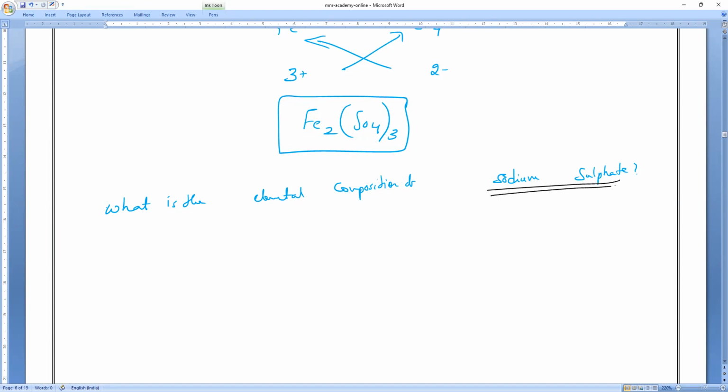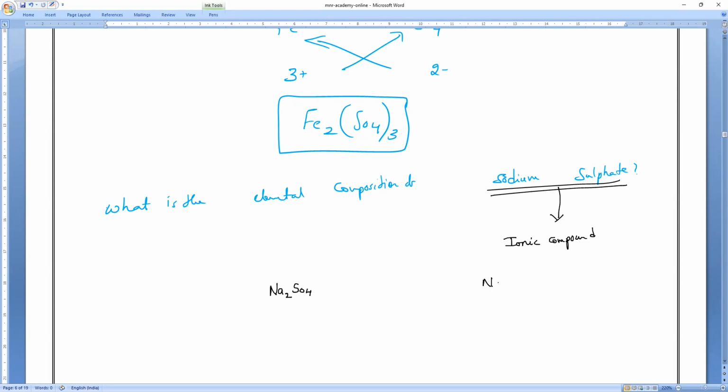Can you tell me first the sodium sulfate formula? Is it an ionic compound or a covalent compound? Ionic compound. So what is the sodium sulfate formula? Na2SO4.